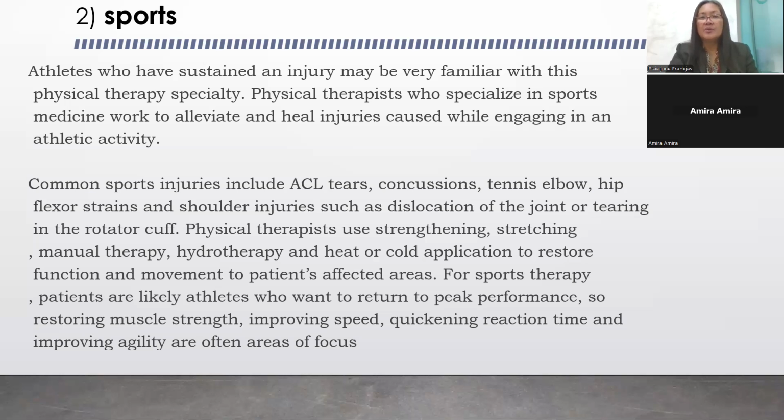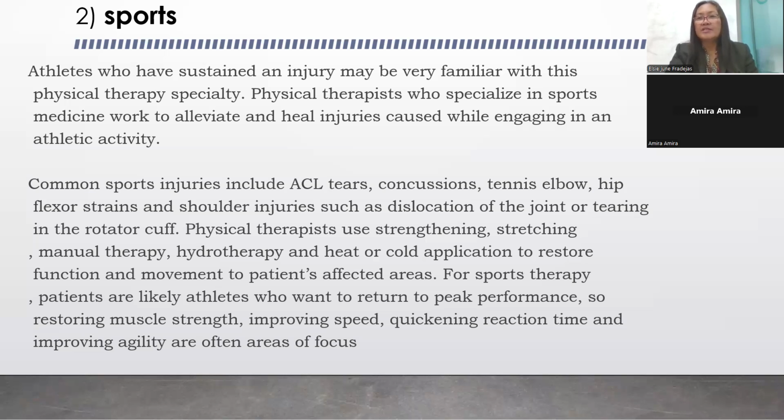So physical therapists use strengthening, stretching, and manual therapy. They also use hydrotherapy, the use of heat and cold application to restore the functioning and movement of the client in the affected areas. And they also help athletes return to their peak performance.